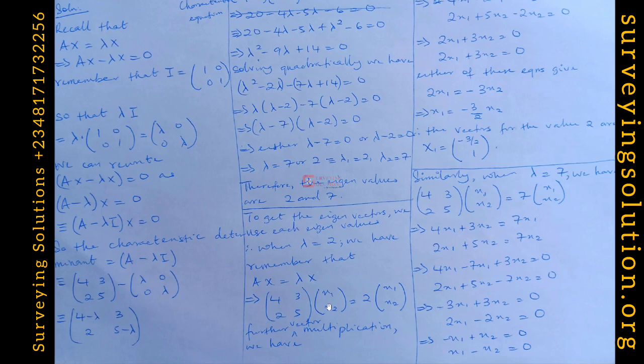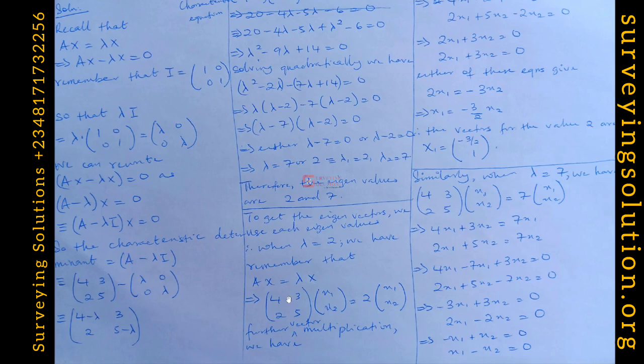Then the 2 here is the eigenvalue, and then this is x again, right? Good. So by matrix multiplication, which we have said earlier, row in one must be equal to the column in the other, or maybe column in one must be equal to the row in the other, right? Good.